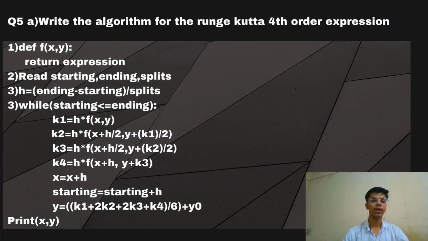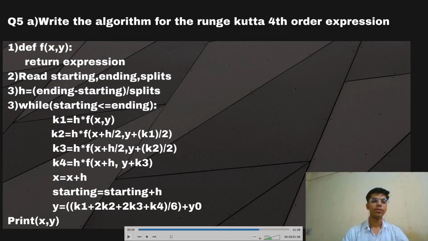Now in the next question we have to write the algorithm for the Runge-Kutta fourth order expression. So we will define a function which takes two arguments x and y and returns the expression. Now we will read starting, ending and split. Now we will assign to the h variable the subtraction of ending minus starting divided by split. Now we will use a while loop which has a condition stating that starting should be less than or equal to ending.